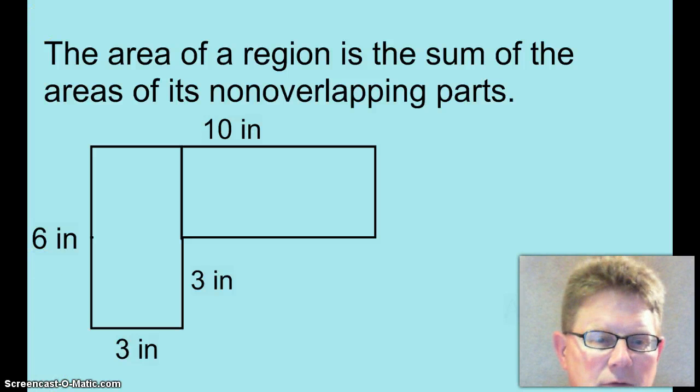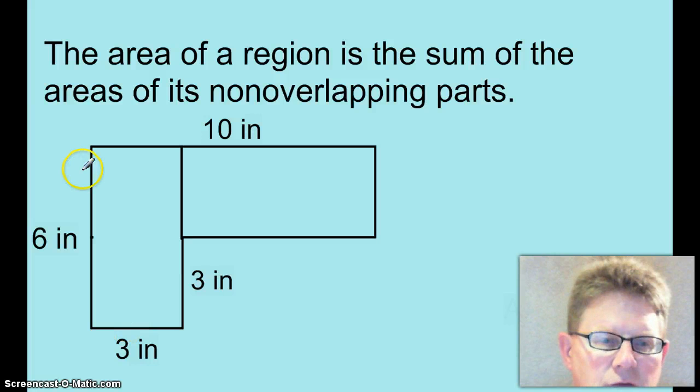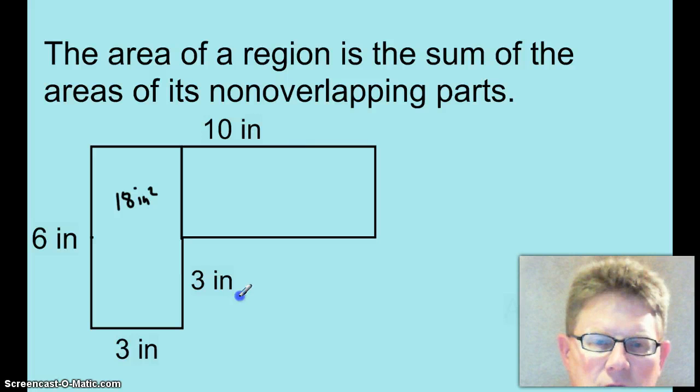Alright, so if we broke it up this way, we've got a rectangle over here. The base is 3 and the height is 6, so that would be 18 square inches. Let's see here. What is the base of this? If this part is 3 and this whole thing is 10, this here must be 7 inches.